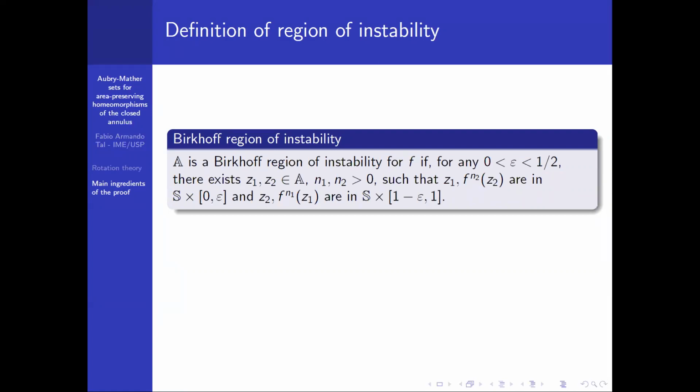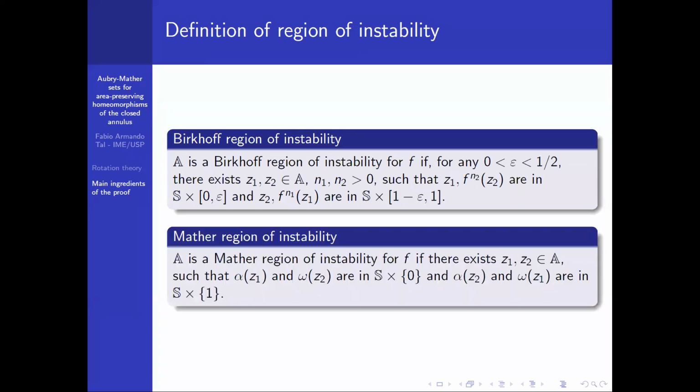You say that an annulus is a Birkhoff region of instability if points that are sufficiently low will go sufficiently high, and there are points that are sufficiently high and will have images which are sufficiently low. Meaning that you cannot have invariant things in between the annulus. You have stuff that goes from very low to very high, and stuff that goes from very high to very low.